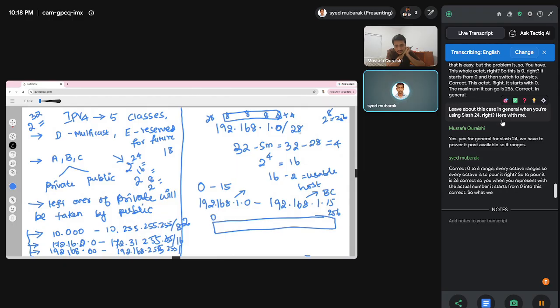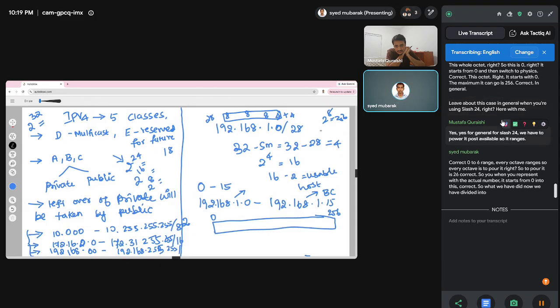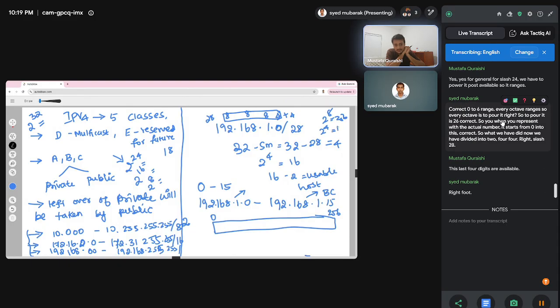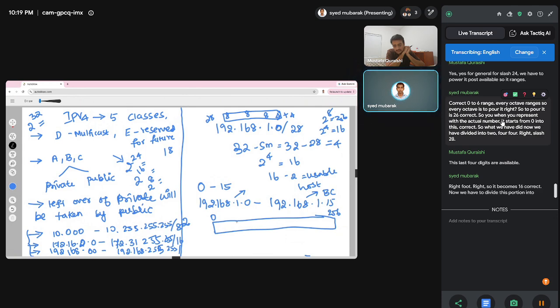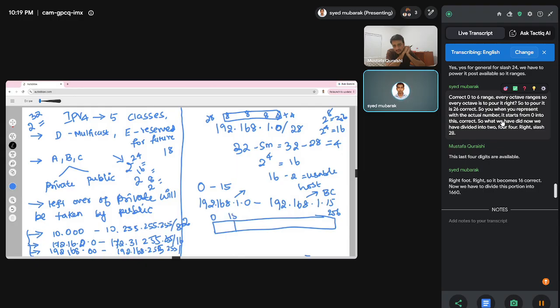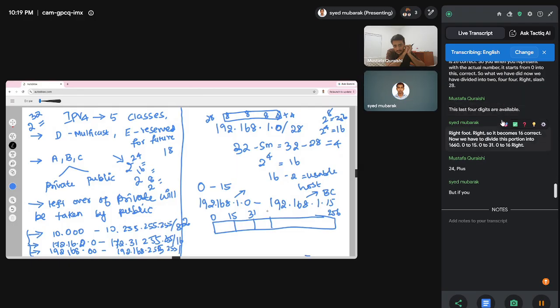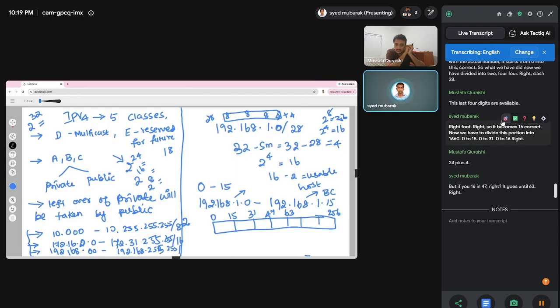What we have done now is divide into 2 to the power 4, with /28 and 4 host bits available, so it becomes 16. Now we have to divide this portion into blocks of 16: 0 to 15, 16 to 31, 32 to 47, 48 to 63, and similarly it goes until 256.